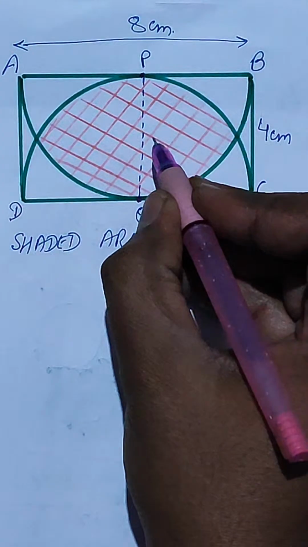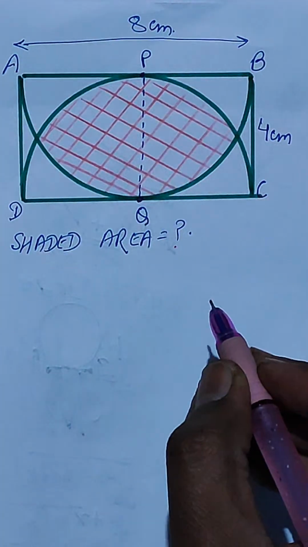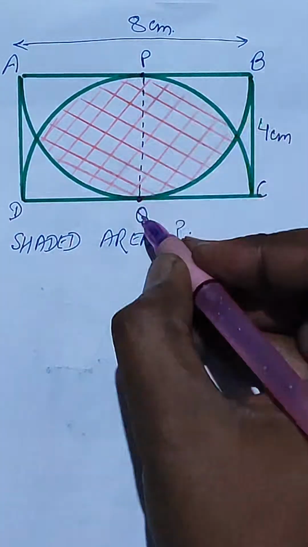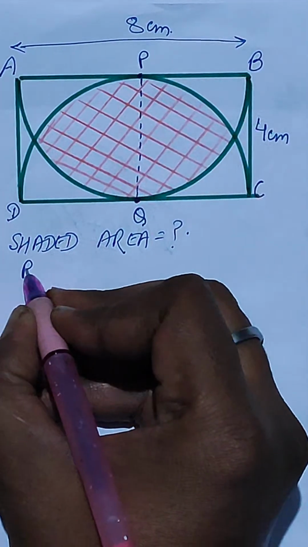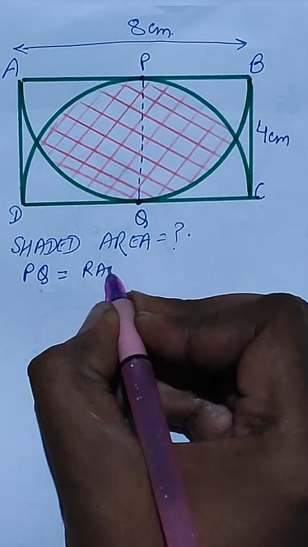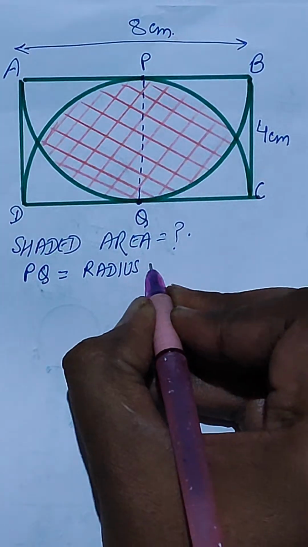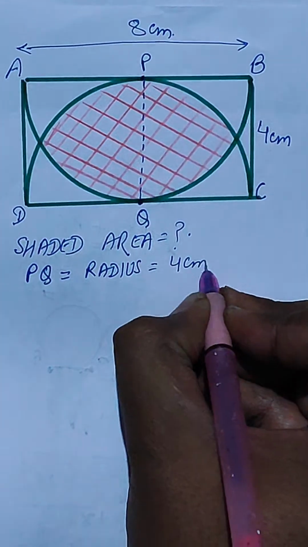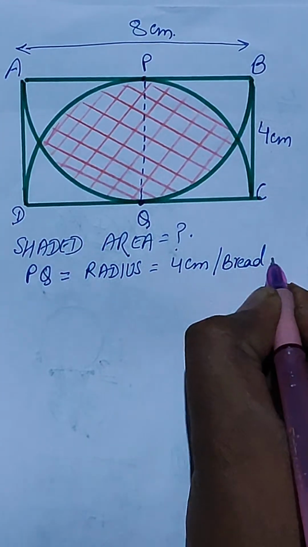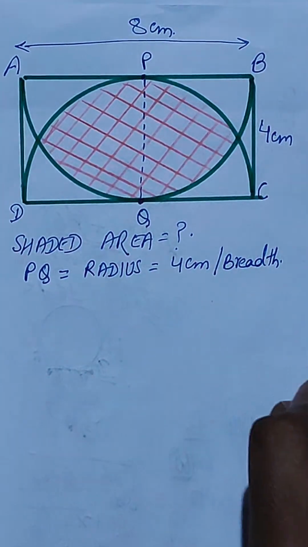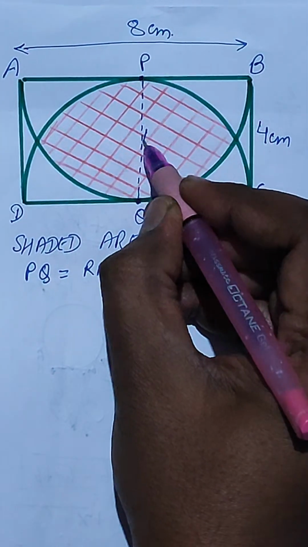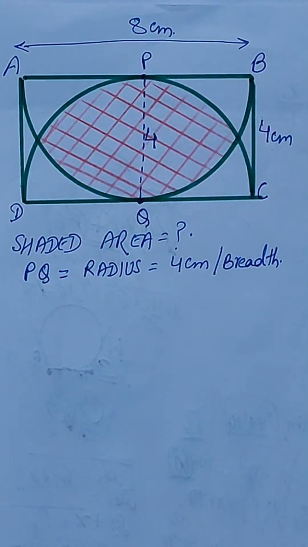And the length of this will also be equal to the same 4 centimeter, because PQ is equal to the radius, which is equal to 4 centimeter, or we can say the breadth of the rectangle, right? So this will be 4, isn't it?